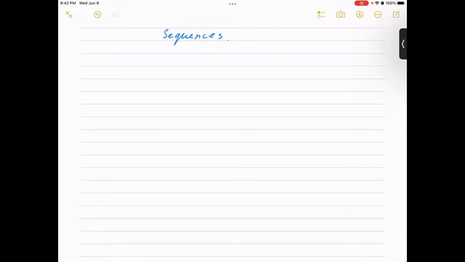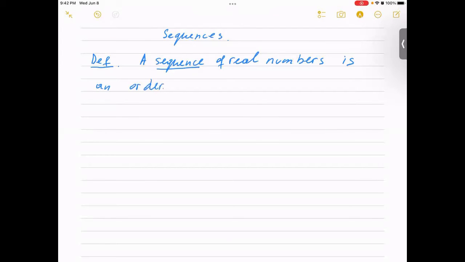Sequences. So we start with the definition of a sequence. A sequence of real numbers is an ordered list of real numbers.